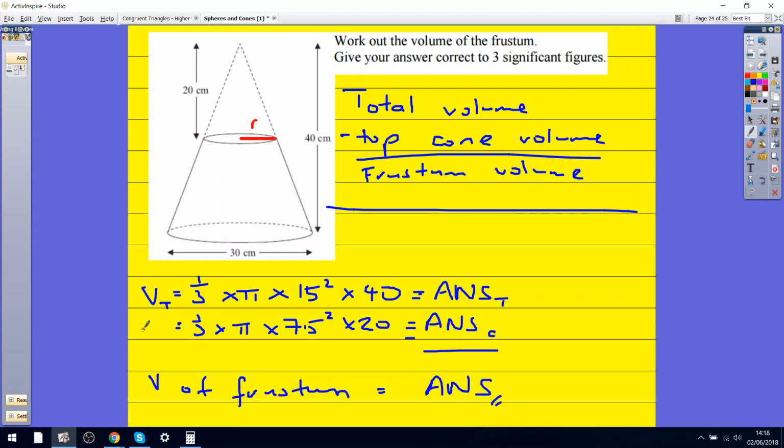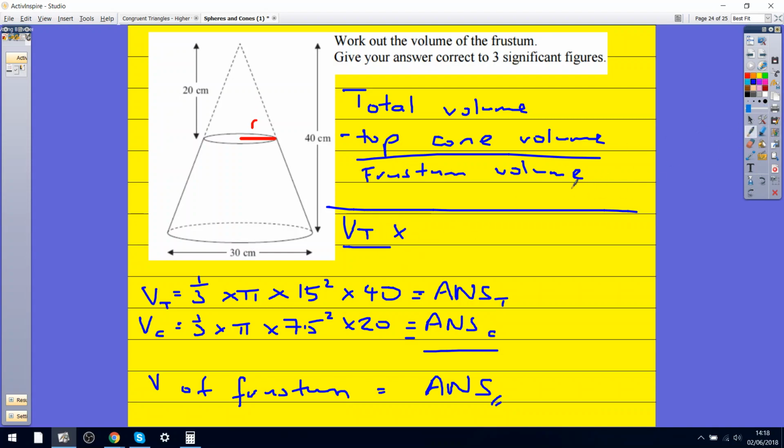I think I just realized something about this cone. So if this is just half of it, scale factor half for volume, I think you could just find the volume of the total cone, and then times it by, oh no, because it's the frustum, we're not finding that.